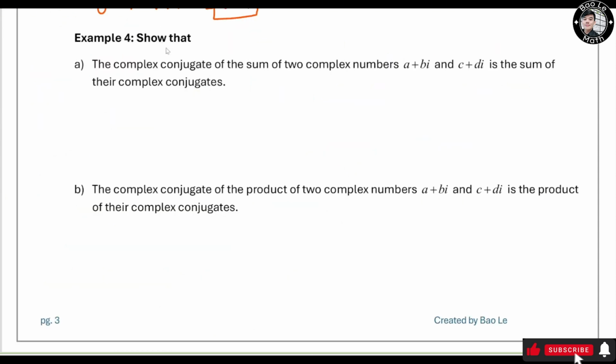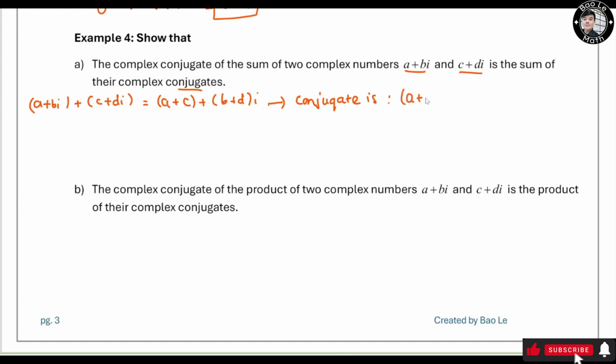Now, example number 4. Show that the complex conjugate of the sum of two complex numbers a plus bi and c plus di is the sum of their complex conjugates. Now the sum is a plus bi plus c plus di, right? So it could be a plus c plus (b plus d)i, right? Now the conjugate of the sum is a plus c minus (b plus d)i, right?